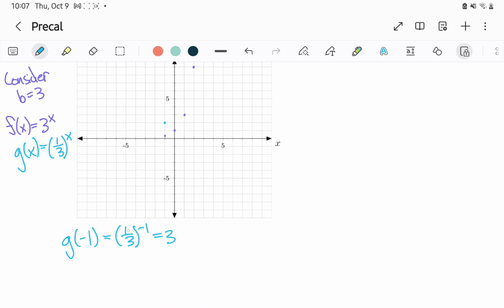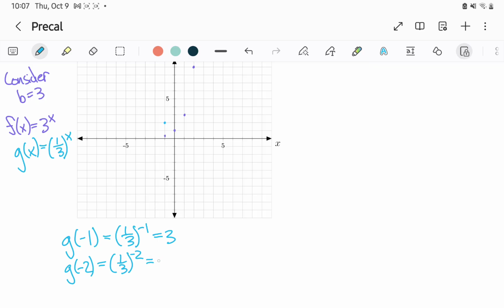Another way we could think about this is that 1/3 is just 3 to the -1 because it's the reciprocal of 3. And so we have 3 to the -1 to the -1. So the double minuses would just become a positive, so we'd be looking at 3 to the 1. And then g of -2 is going to be equal to 1/3 to the -2.